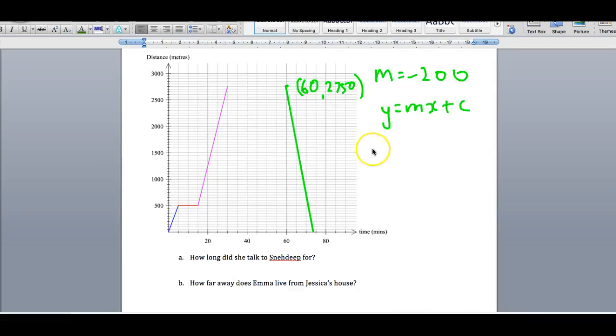All right, so y is 2750 equals m, which is negative 200, times x, which is 60, plus c. So the whole purpose of doing this is to get what c is. So you can do solve on your calculator, or you can solve by hand. I'm just going to quickly do it on my calculator.